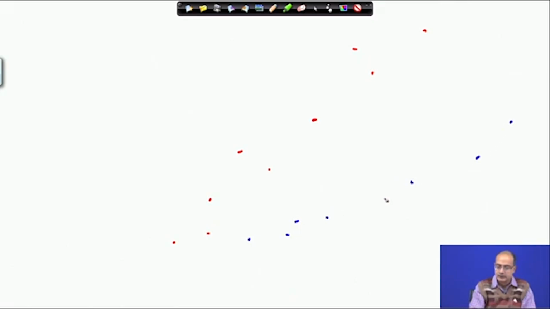Now, these two sets of points, red and blue, if we do not have any information, we can think of them as two different clusters.